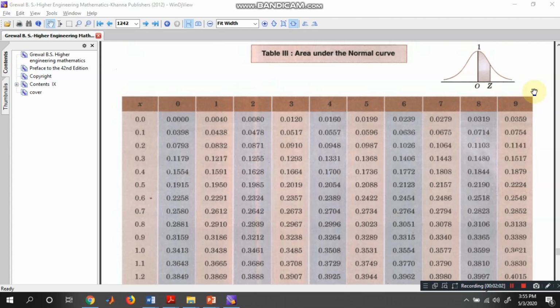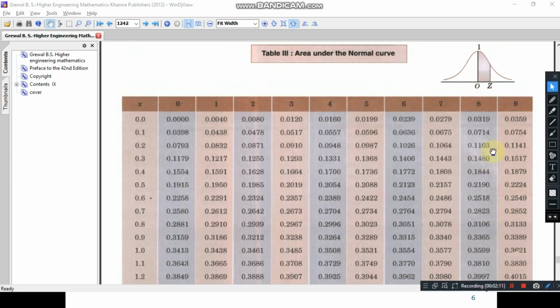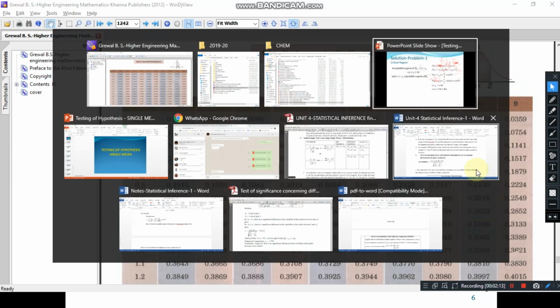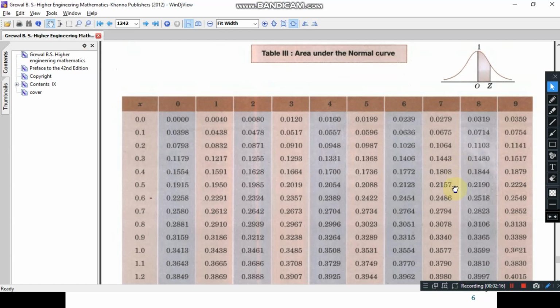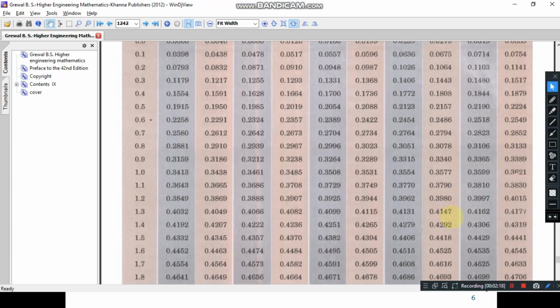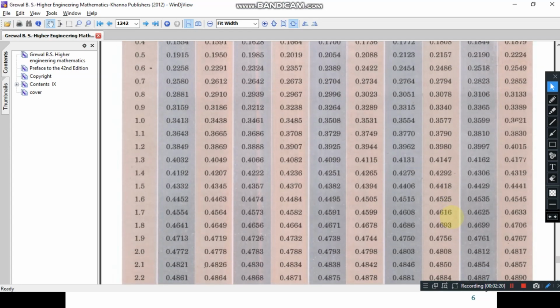So this is the standard normal distribution table. What are we looking for? Exactly 0.475. Let us see where the 0.475 is.